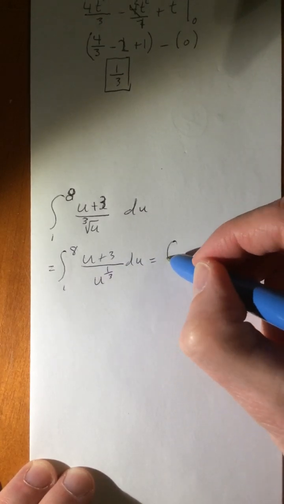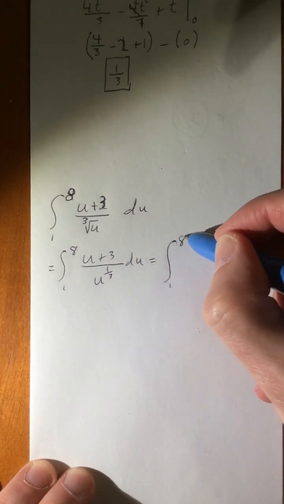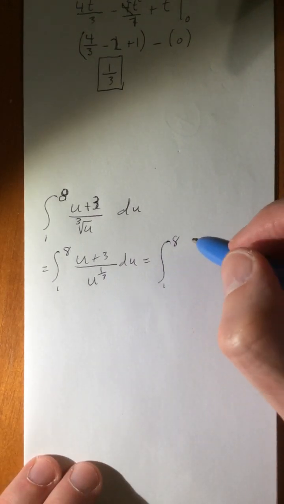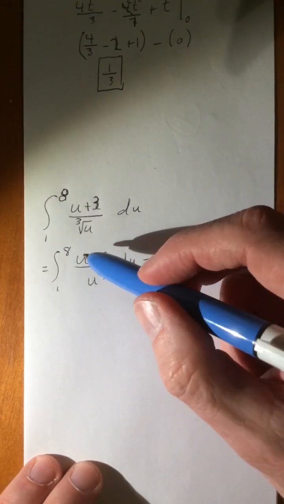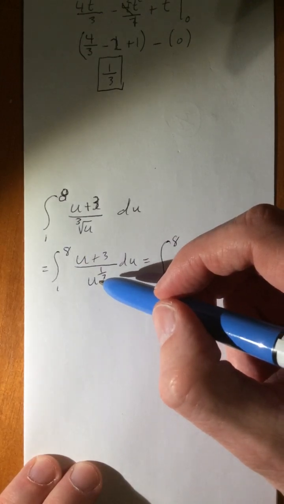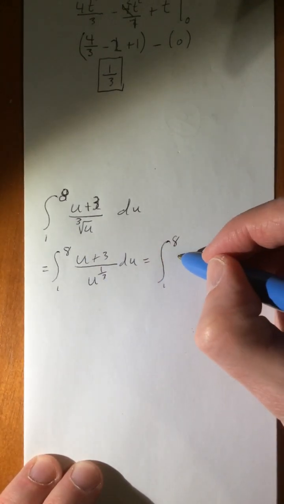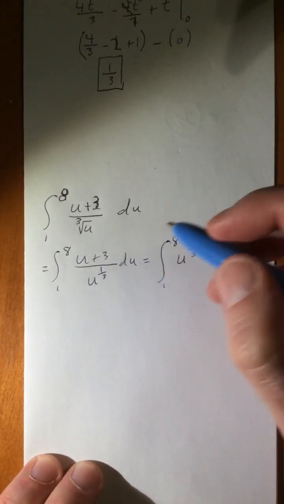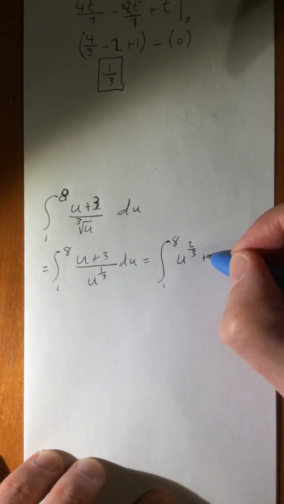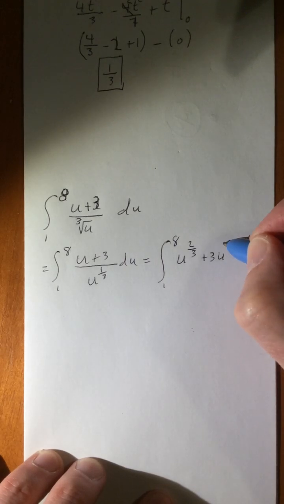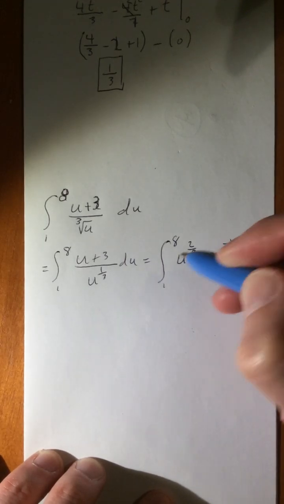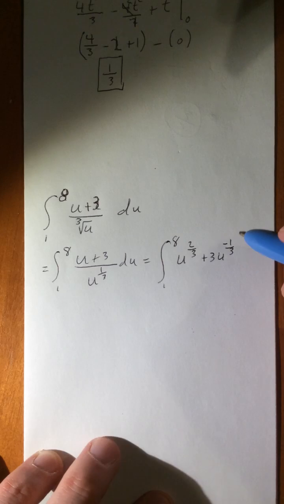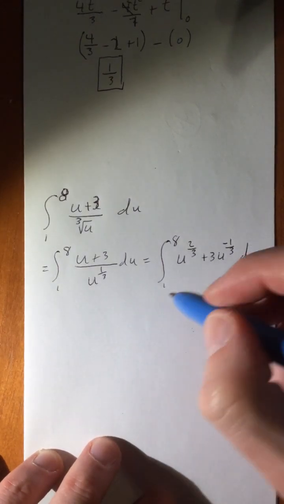And that's going to be equal to the integral from 1 to 8. And then we're going to divide. u to the first divided by u to the 1/3 is u to the 2/3. And this is going to be plus 3u to the negative 1/3. Just bringing this one up. And then we have du.